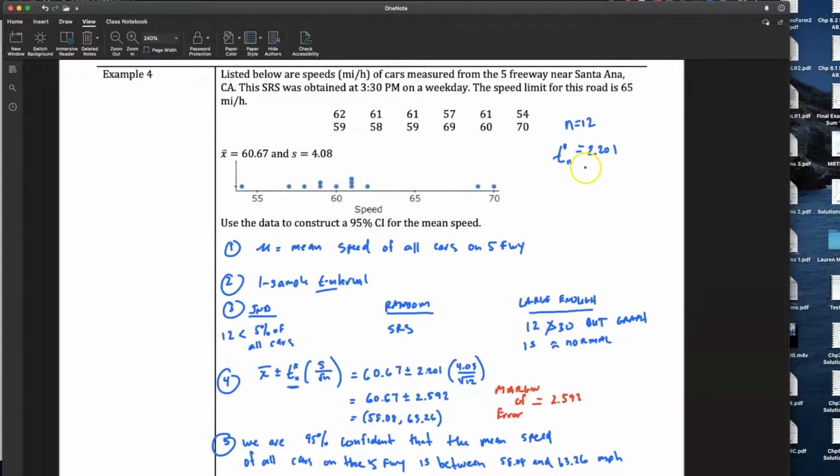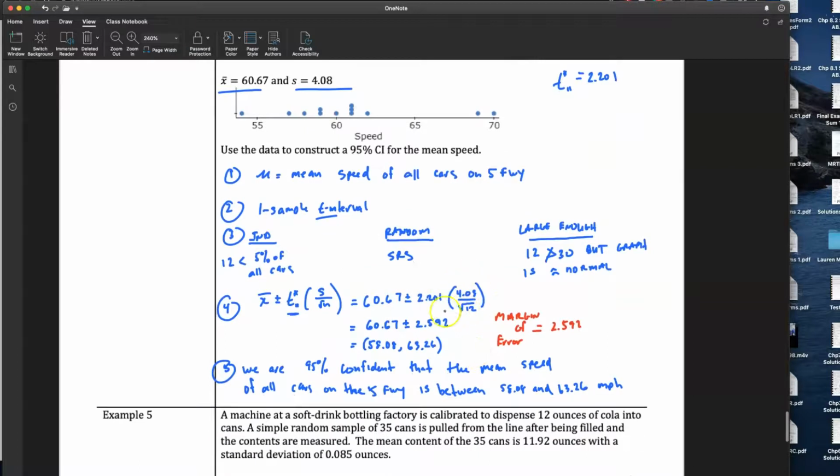Why do we use this one here? Because n is 12, so degrees of freedom is 11. Once you have that, you just plug everything in the way we've done, because we have the sample mean and the sample standard deviation, which we plugged in right here. You can see the calculations we get. This value here was your point estimate, and this is your margin of error. 2.592 is what you would get when you multiply that out.